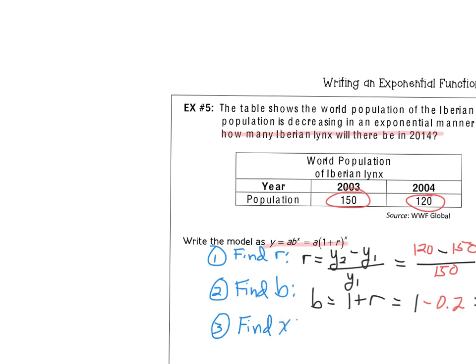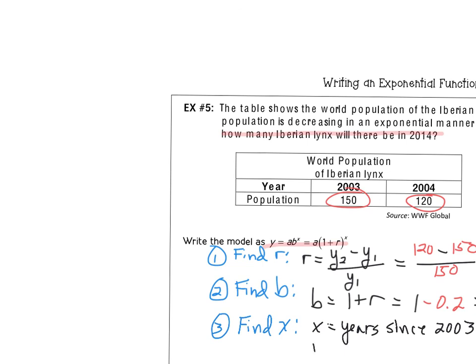So let's say that our x is going to equal the years since 2003, because that was our original time period when we first counted the lynx. So x is going to represent the number of years that have passed since 2003. That's the number of time periods that have occurred.